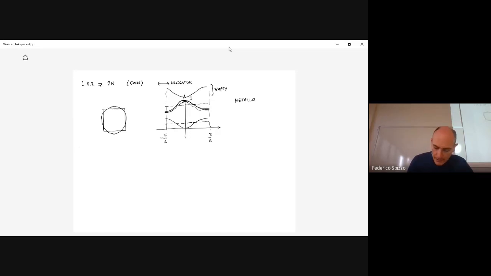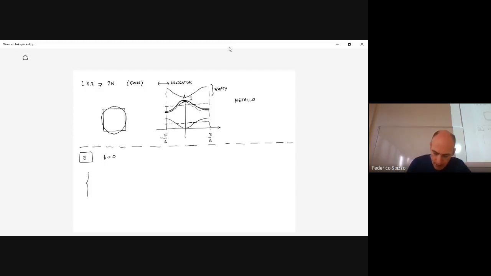So the first step is to see what happens when we apply an electric field. The first case will be the application of an electric field uniform over the system, so no modulation in space or in time, magnetic field equal to 0, and no electromagnetic waves, so just the electric field.